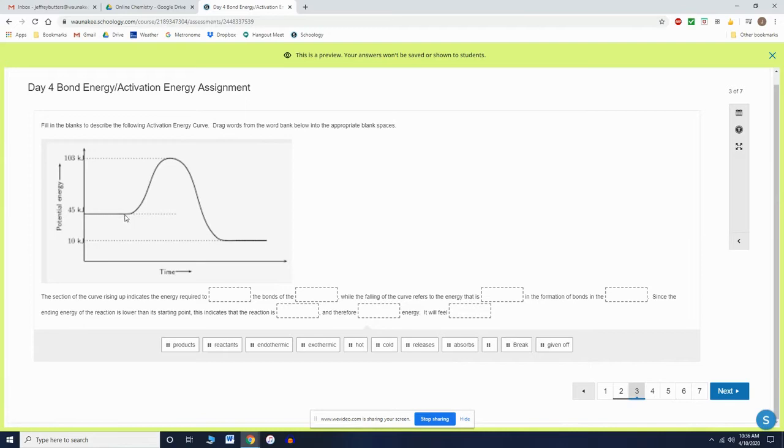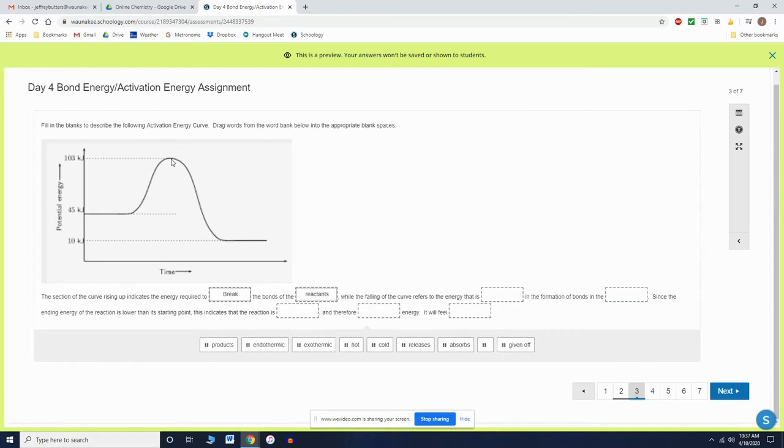Following this point, there will be a hill upward as energy is being absorbed. This absorption of energy is the energy required to break the bonds of the reactants. In order to separate bonded molecules, energy must be taken in.